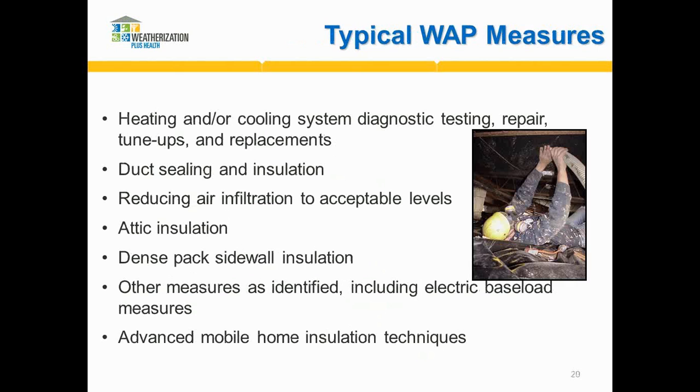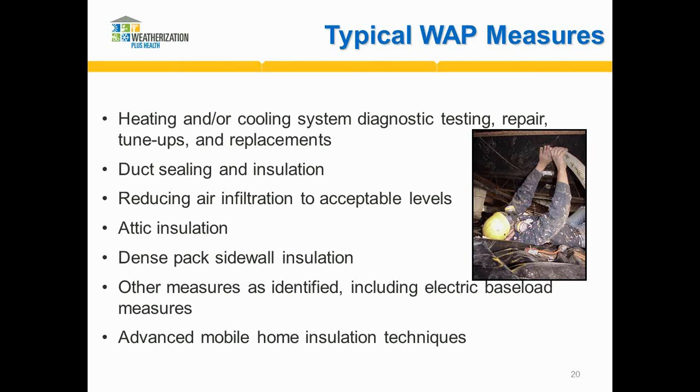Some typical weatherization measures include working on the heating systems to make sure they're running as efficiently as possible and as safely as possible. In some cases, the units that are beyond repair or are so inefficient or so unsafe get replaced. We seal ducts and insulate ducts.